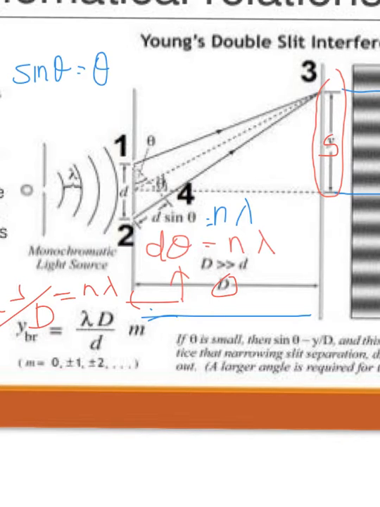Now most of the time the n is 1 because we're just looking at the first maxima, the first order maxima. But in this case it would be 1, 2, 3, 4. It would be n equals 4, and the angle that you're dealing with is actually the angle to the third order, 1, 2, 3, fourth order maxima there.